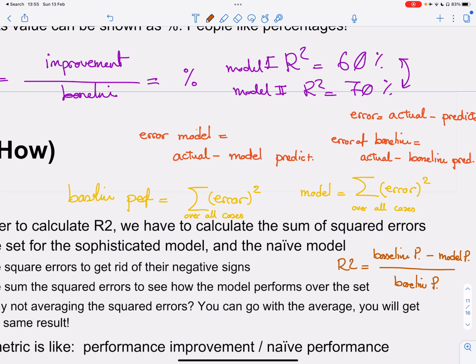And both of them are calculated exactly the same. It is by squaring the errors and summing them up. Okay, so this is model performance and this is the baseline performance. So their difference lies in calculation of error. For the baseline model, the error is calculated using the baseline prediction. For the model, the error is calculated using the model prediction.